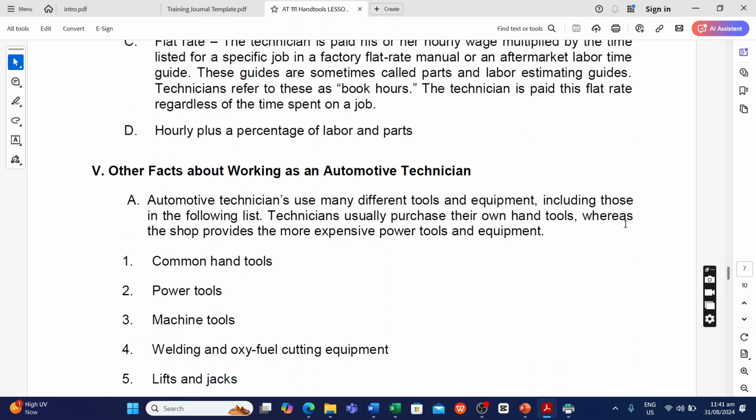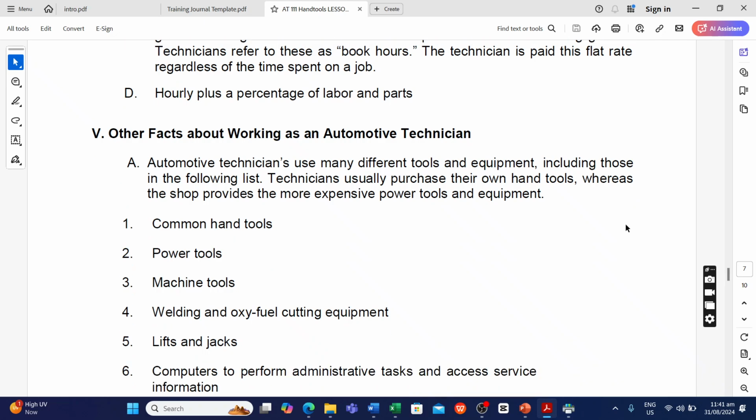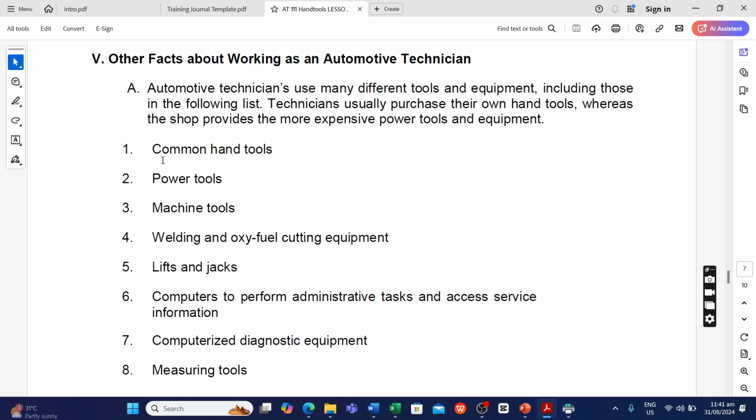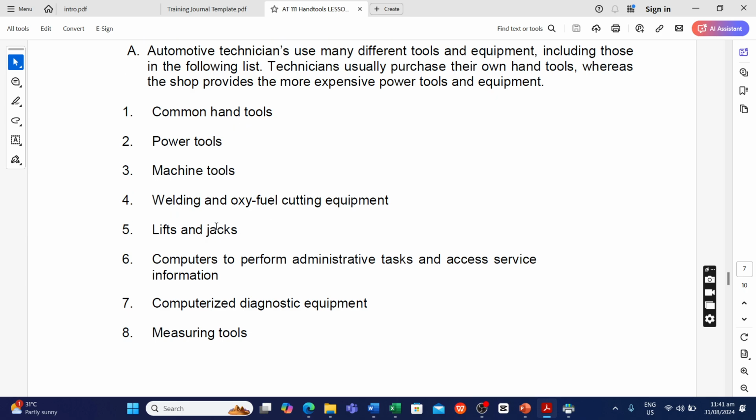So, other facts about working as an automotive technician. Automotive technicians use many different tools and equipment, including those in the following list. Technicians usually purchase their own hand tools, whereas the shop provides the more expensive power tools and equipment. So, as automotive technicians, ito yung mga ginagamit: common hand tools, power tools, machine tools, welding and acetylene cutting equipment, lifts and jacks.